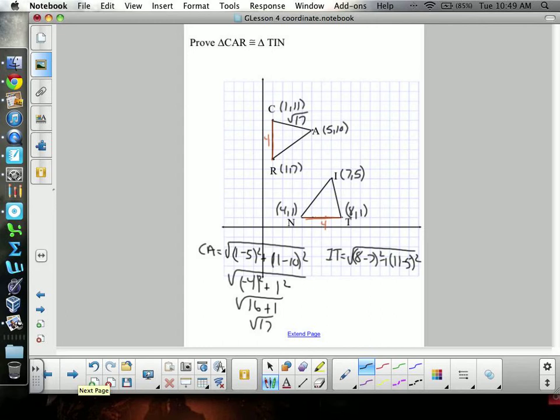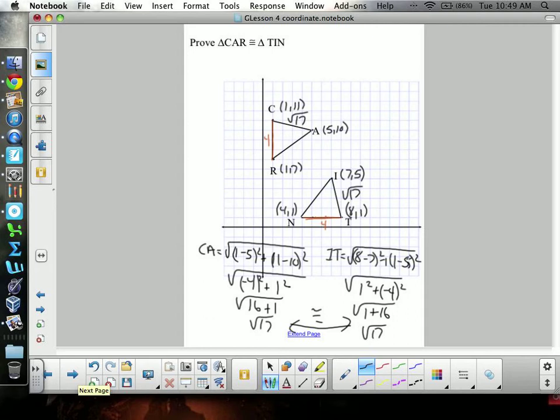I'm sorry, 1 minus 5 squared, not 11. I knew something was off there. Square root of 1 squared plus negative 4 squared. Square root of 1 plus 16, square root of 17. Aha! These sides are congruent, aren't they? They have the same length.